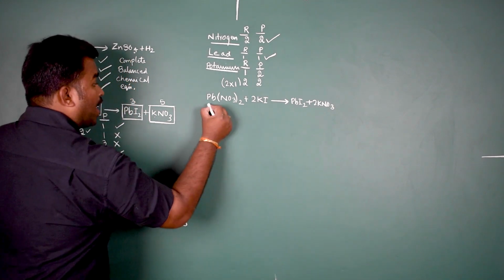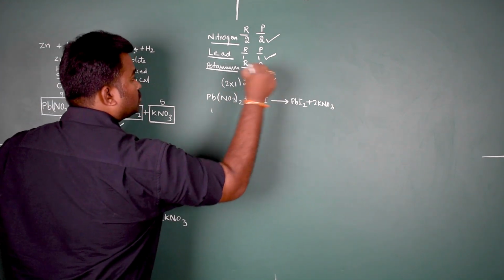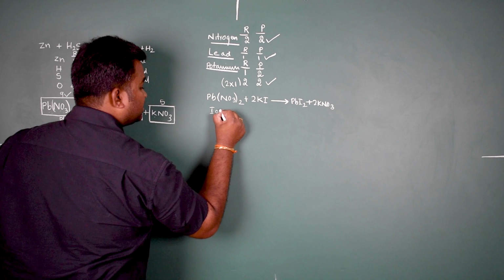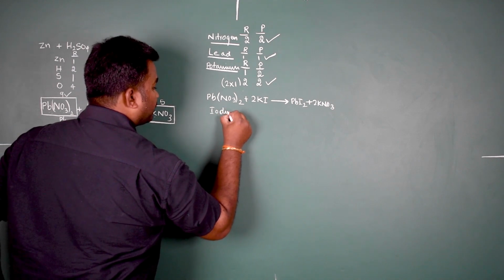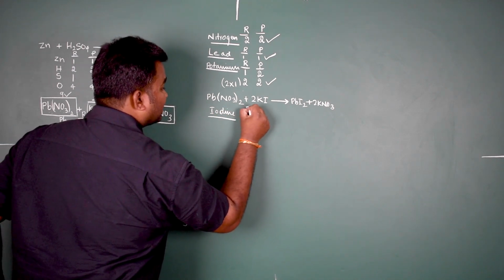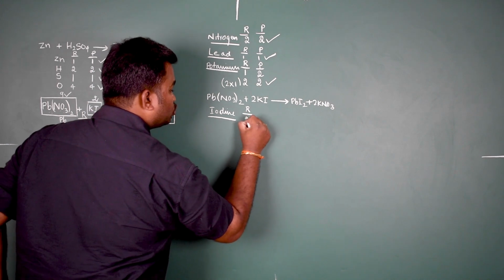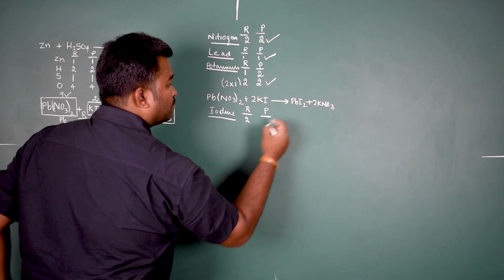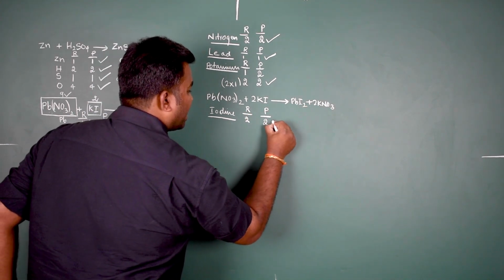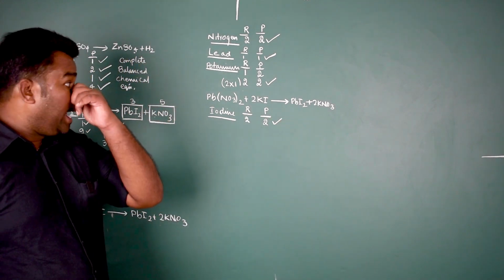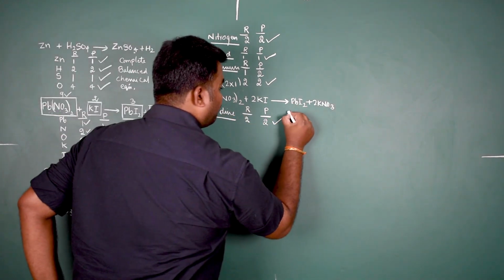Then how about iodine? The last one that is left is iodine. Now on the reactant side in this equation I have 2. On the product side in this equation I have 2. So my iodine is also balanced. Hence this equation becomes my final balanced equation.